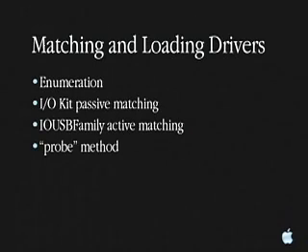It then tells IOKit, I have this new device, please find a driver for it. So first, IOKit looks through its entire table of drivers that it knows about, and it creates a pool of drivers that are capable of driving an I/O USB device object.